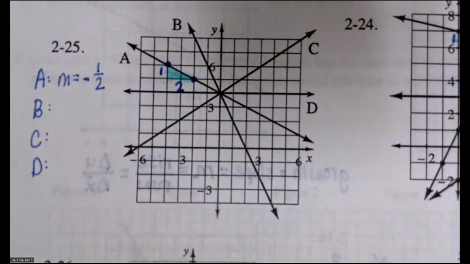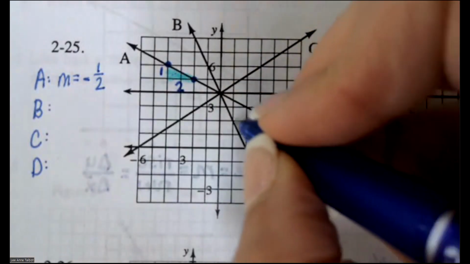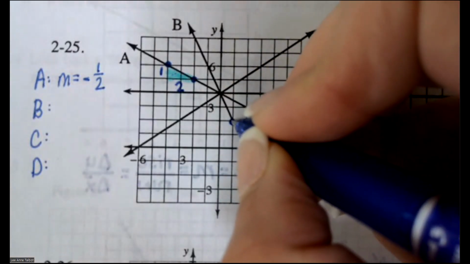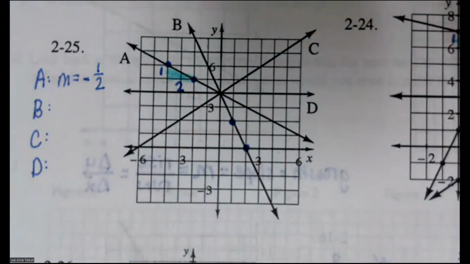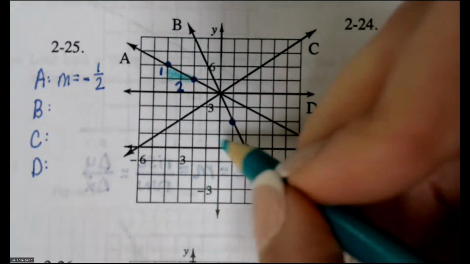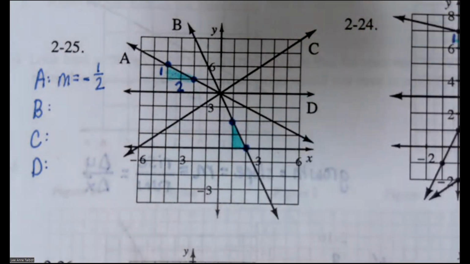Okay, B. This is line B. Find a lattice point. I'm going to choose this one and this one. You guys can choose any two that you like. It doesn't have to be those two. Color in your slope triangle.